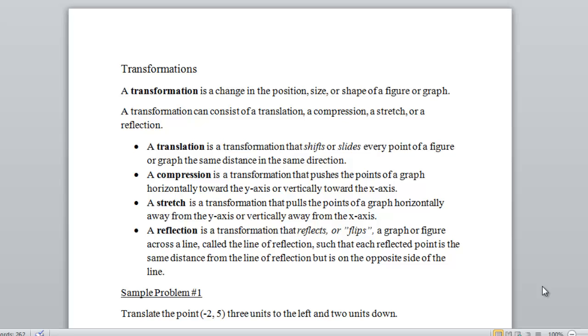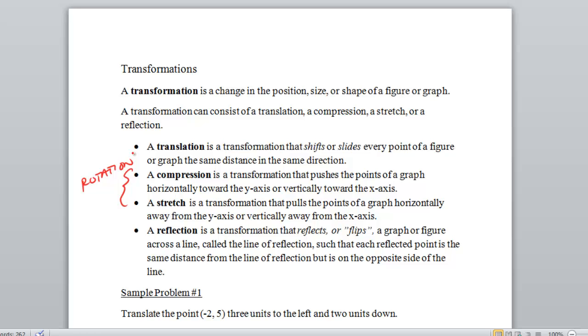So we have three basic types of transformations that we can use. Translation, rotations, and reflections. Now, in this particular set of notes, we actually are going to take the rotation and we're going to break it up into two. We could either say we're stretching something or we're compressing it.